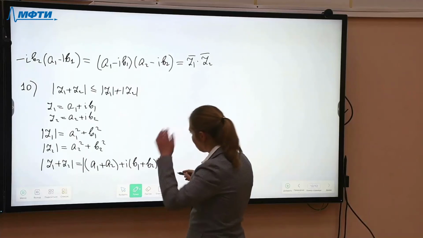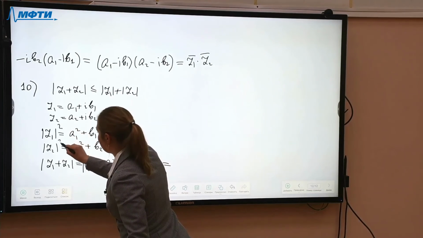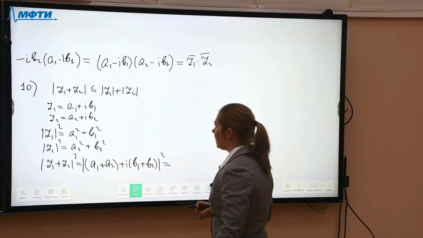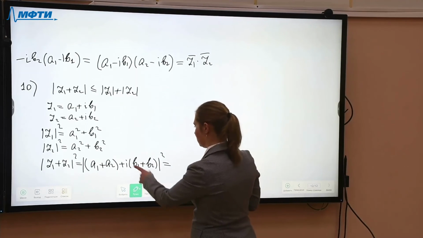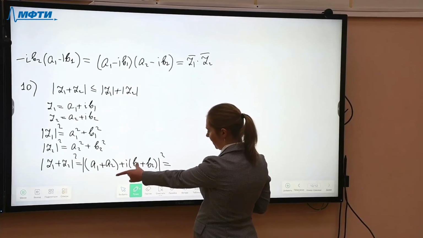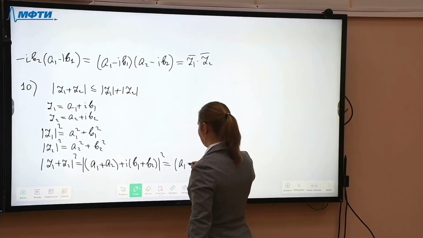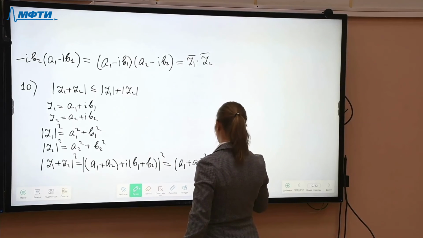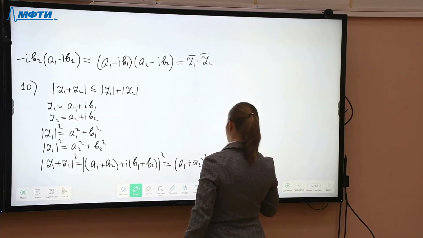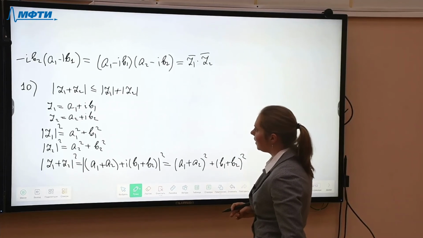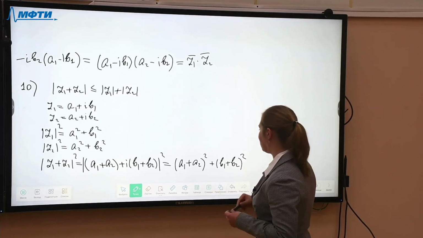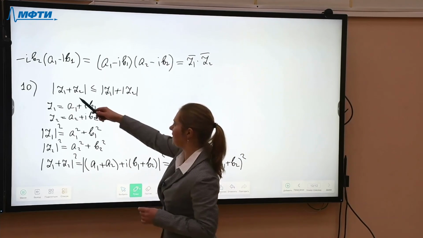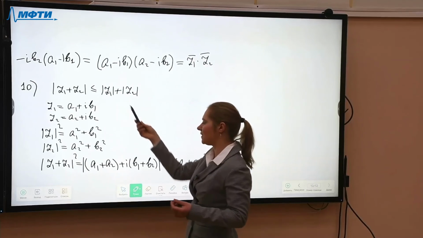Then we can find the modulus of this complex number. It will be the square root of a1 plus a2 squared plus b1 plus b2 squared. And now about our inequality. Here we see that this is something non-negative, and this is also something non-negative.